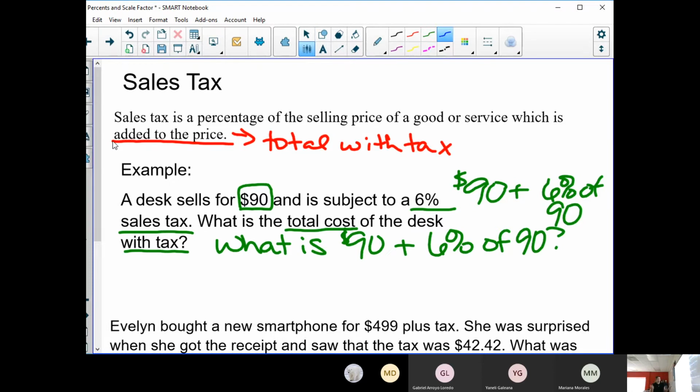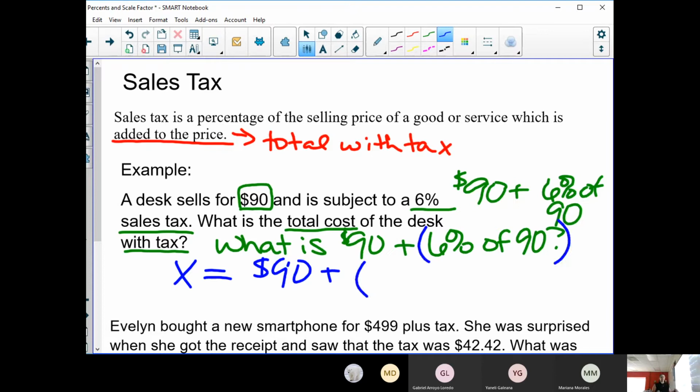So if I go back to what we just reviewed, what tells me I'm using a variable is equals. We know $90 plus, that makes sense. And now we have this 6% of 90.